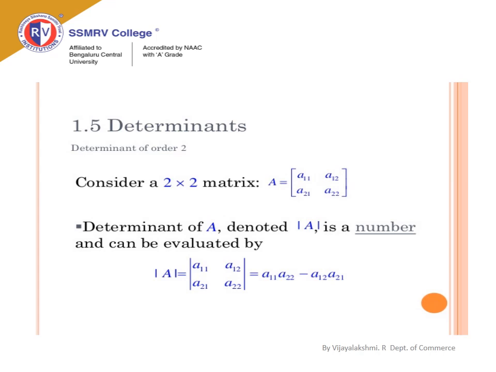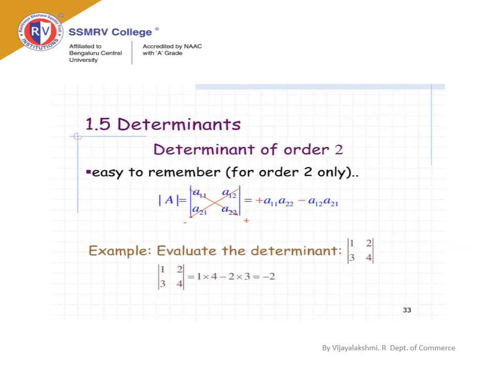To find the determinant, students, we have to remember that A11 should be multiplied with A22 and A12 should be multiplied with A21. To understand the application simply, the determinant of A will be multiplied like this: the opposite number, we should remember the opposite number. A11 will be multiplied with the opposite number A22, minus A12 multiplied with the opposite number A21.